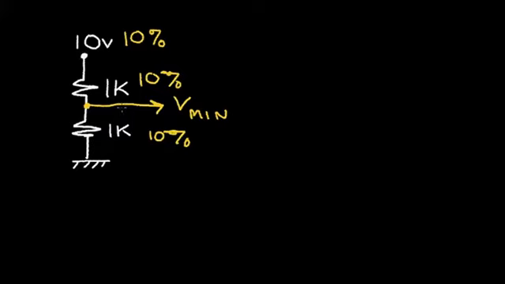Okay, let's solve the problem. So if I have the minimum voltage across this network, that's going to be the case when this output voltage is at its minimum. So if I take 9 volts, which is on the low side, and I put that across my 2 resistors to ground.